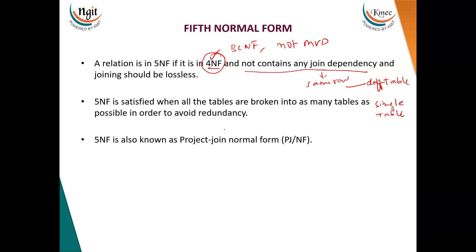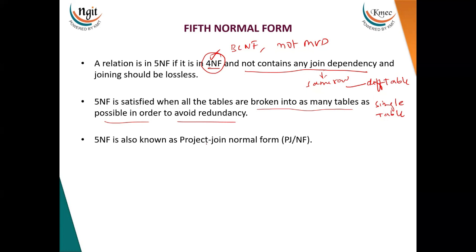With the help of an example, we will come to know what is fifth normal form. And here the second point tells you that 5NF is satisfied when all the tables are broken into as many tables as possible in order to avoid redundancy. In order to avoid duplication or the same copy of data, you are going with the decomposition concept in 5NF.